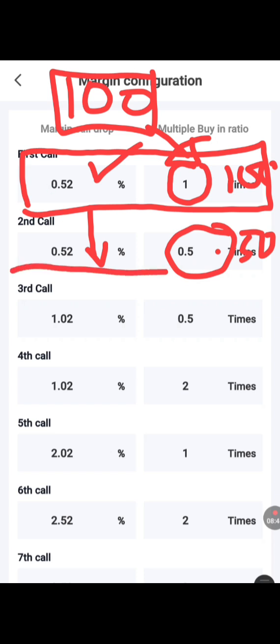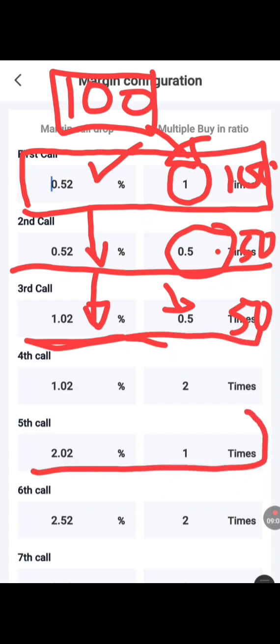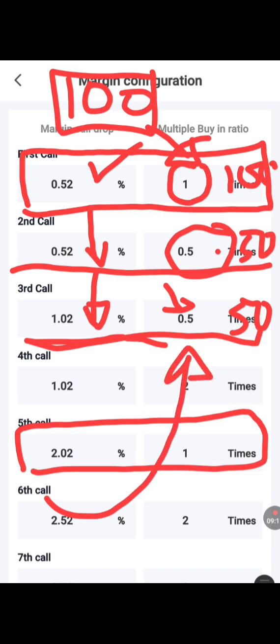In case it still continues dipping further by another 1.02%, the robot is going to pick our $100 from our spot wallet and multiply by 0.5, meaning at this price level the robot will also use $50. Now, should this continue up to the 5th time, the robot is buying up to the 5th time.